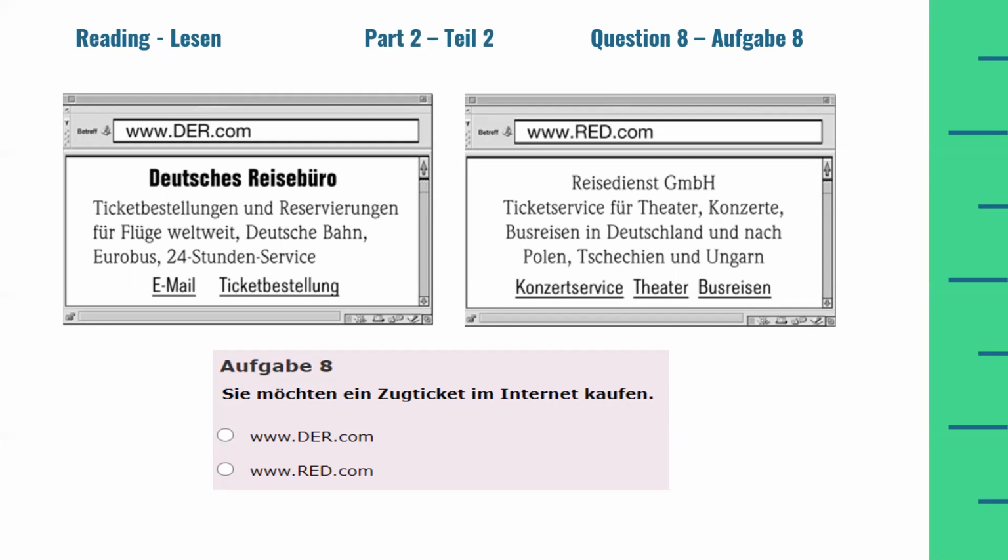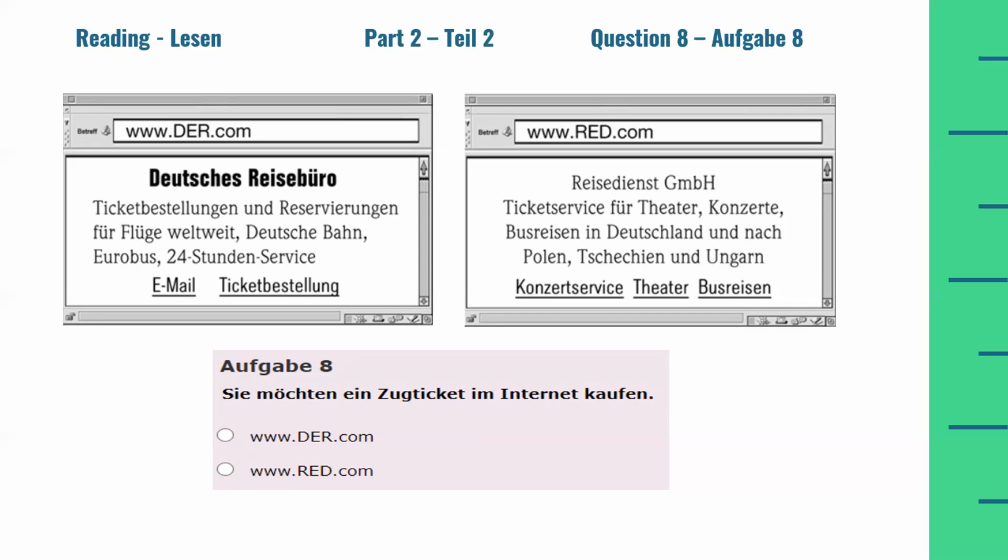Polen, Tschechien und Ungarn. So the left hand side gives us information about the ordering of tickets and reservation of flights worldwide, also related to German railway because Deutsche Bahn is mentioned here. And we can order tickets or we can book or reserve tickets.